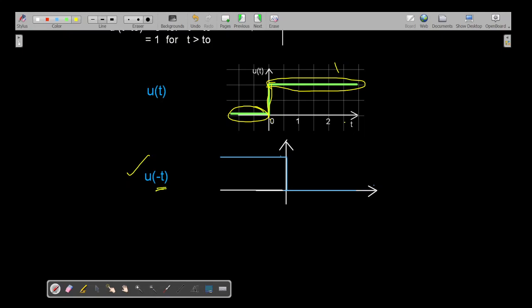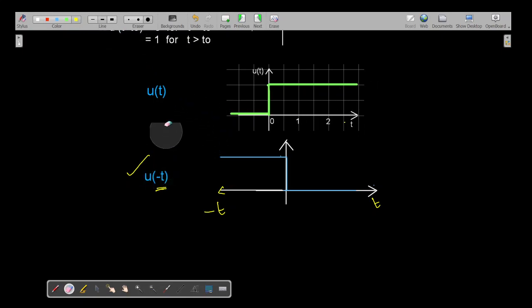We know that this is the time axis, this is the minus t time axis, isn't it? Here it is going along the positive x-axis, moving horizontally.